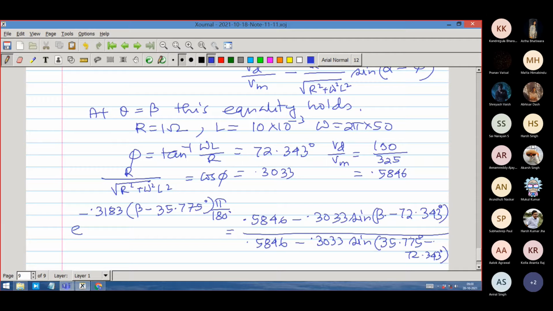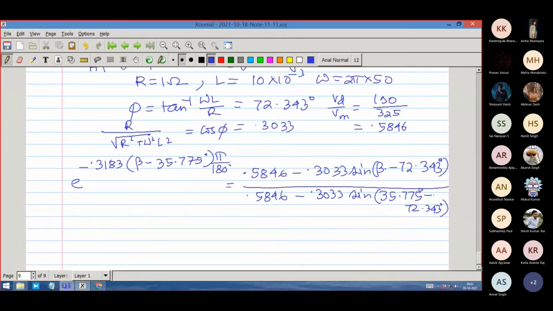So again you have to solve by trial and error, and I have done it. I am not very sure how accurate it is, but I am getting approximately 192 degrees. So I solve it and get 192 degrees.